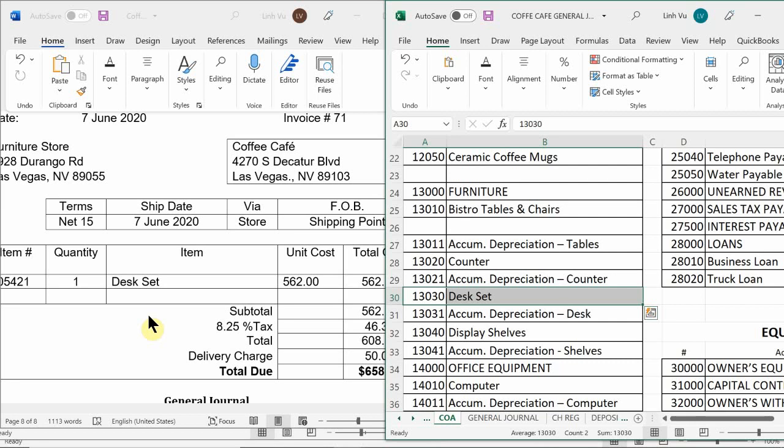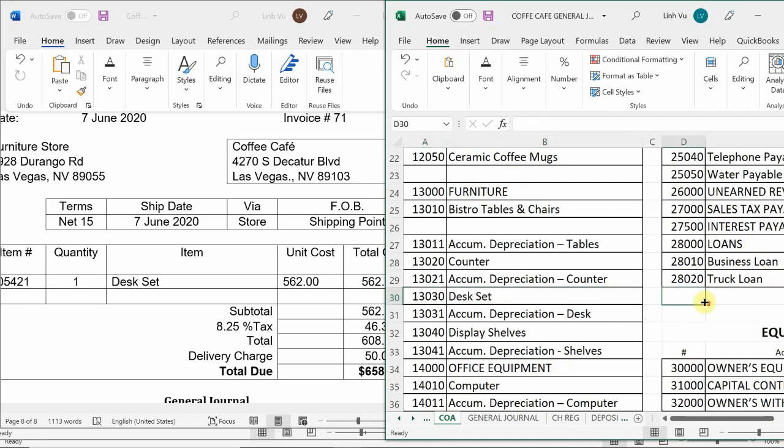In this case, how many days do they give us before the bill is completely due? 15? They give us 15, right? Net 15. So in this case, I'm going to take advantage of that 15 days and I'm going to say I'm going to owe them until 15 days later, I will pay them.